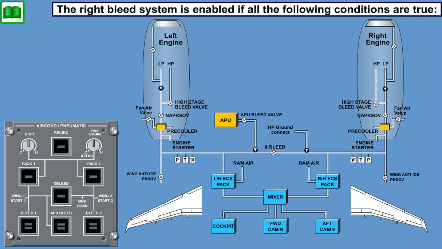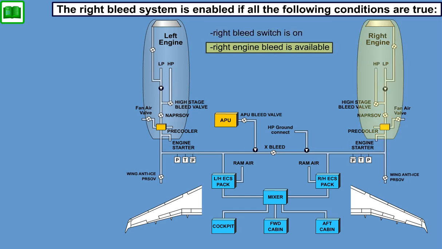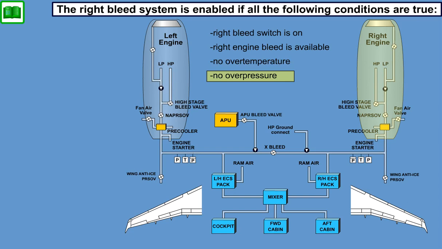The right bleed system is enabled if all of the following conditions are true. Right bleed switch is on. Right engine bleed is available. Right bleed system has not detected an overtemperature, internal or external to the duct, or overpressure condition.